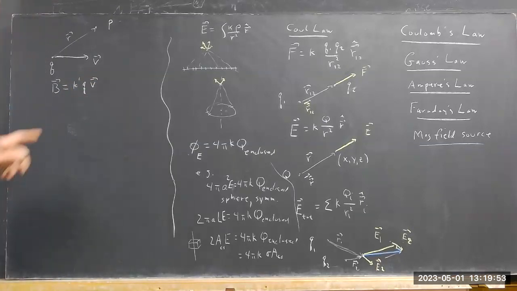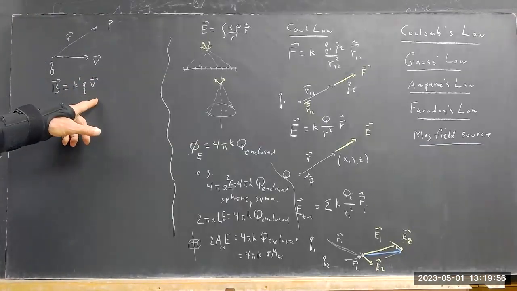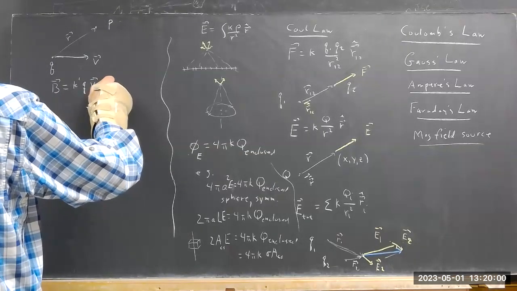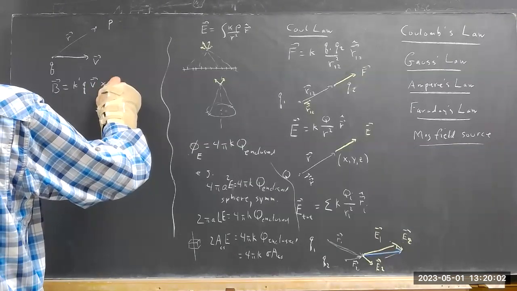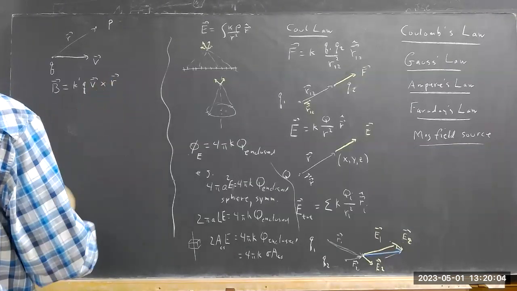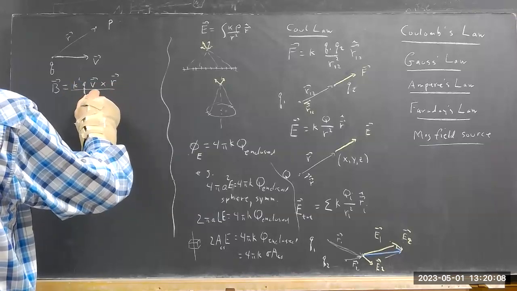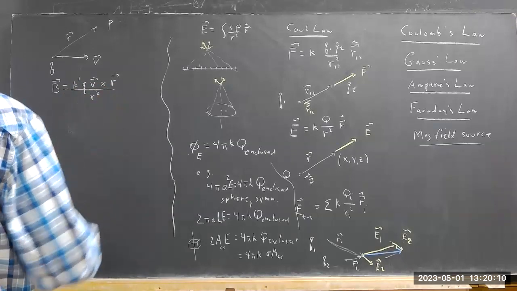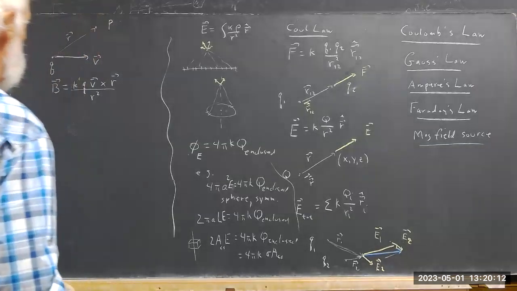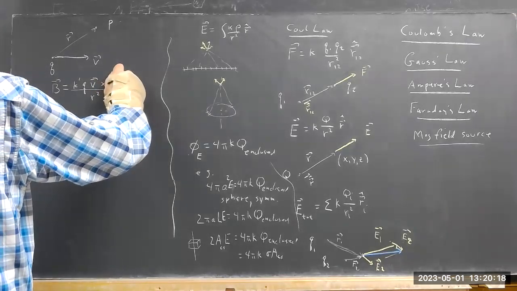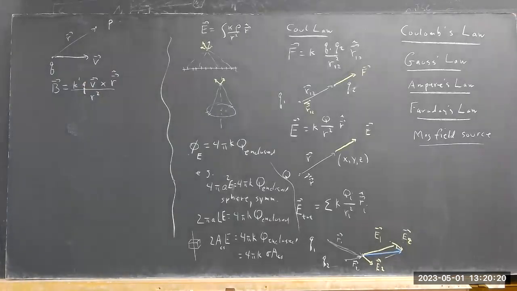It's K prime times Q V cross over R squared. This will be times an R hat, unit vector.